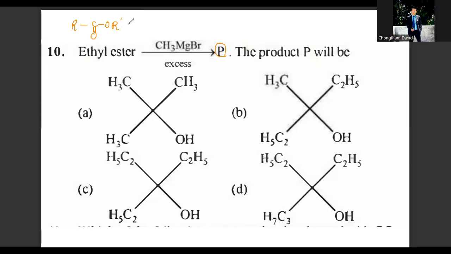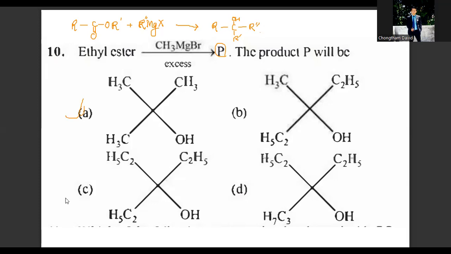When this ester is made to react with Grignard reagent, you will now obtain alcohol. So since here the Grignard reagent is methyl magnesium bromide, the tertiary alcohol should have at least 2 methyl groups. Thus, the choice with at least 2 methyl groups at the carbon linked with your OH group will be the correct choice. So identify the answer. It will be option A.